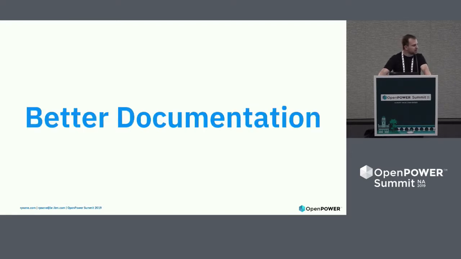Better documentation, as sometimes adding support for a different architecture is not trivial, especially if the community or project, or the people who work on those specific projects, are not familiar with it. So convincing them that it's basically the same is not enough. We need better documentation around Power: how to do the porting, how to maintain your software, how to do basic stuff like create a virtual machine, or use Docker.